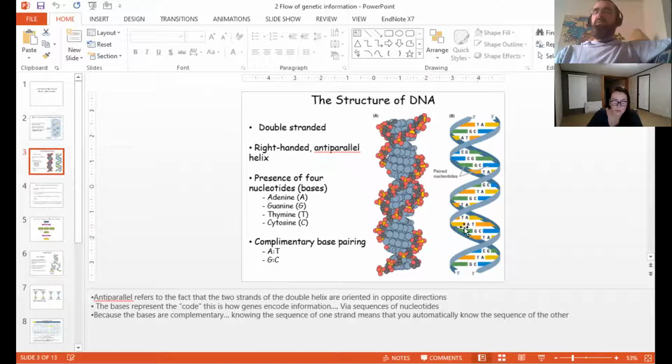And part of the reason why it's so tough is it has these vulnerable reactive bases inside. So we have the double strand. It's a right-handed unequal helix, which we'll get to in a second. And the information is stored on the inside.